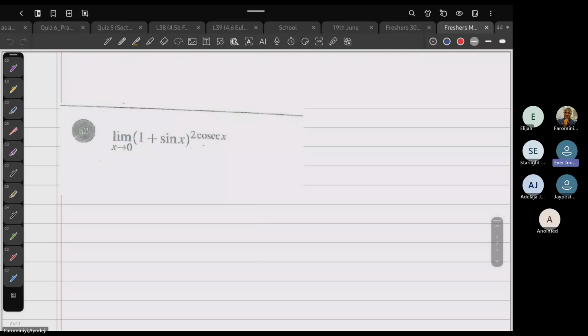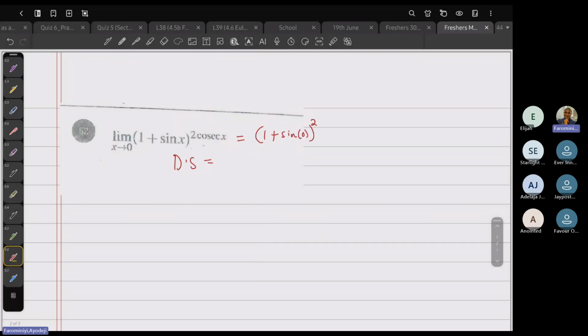I believe we will have 1 raised to power. I don't know the value of cosec 0. Okay, so if we do direct substitution, we're going to get this limit to be 1 plus sine 0 raised to power 2 times cosec of 0.